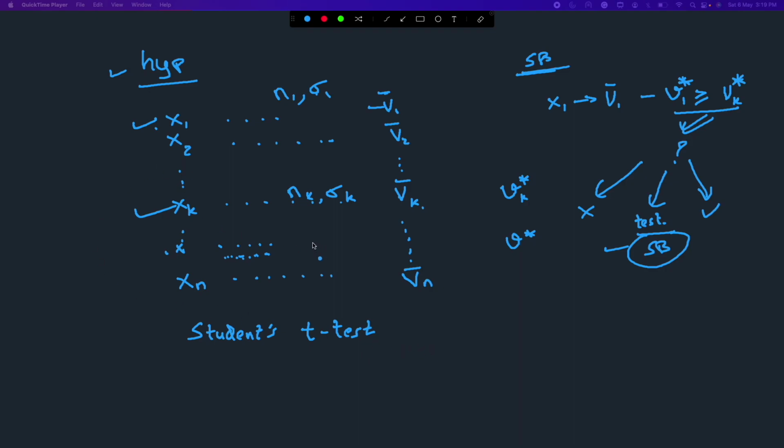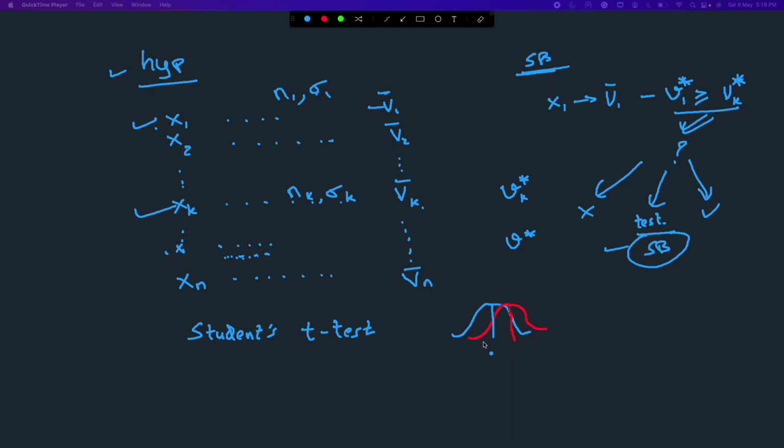Both of them are two different distributions. One of them is this distribution, and the other one is this distribution. Do we have enough statistical evidence that these two distributions are different, or that this distribution has a higher mean than this distribution?